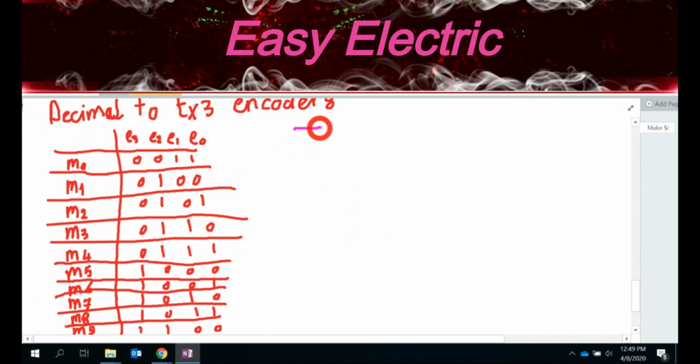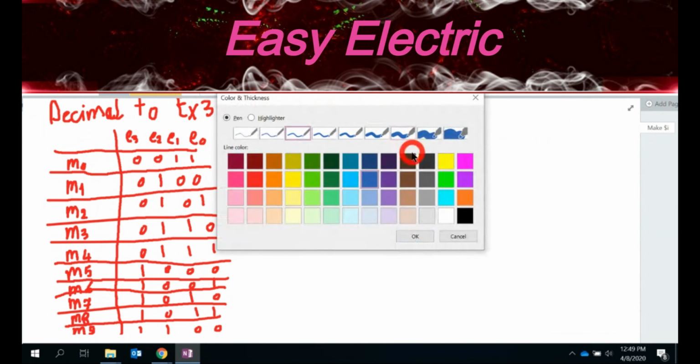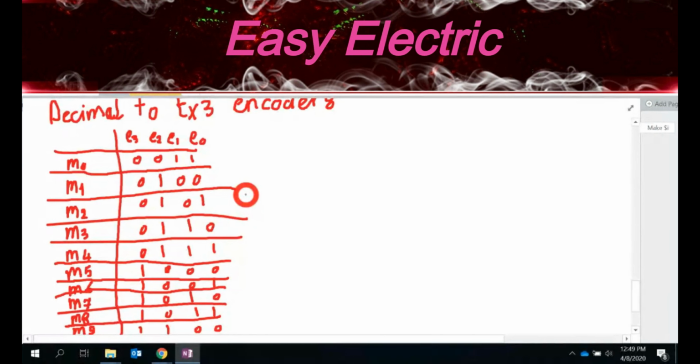So I'm going to draw. Yeah, it's really tough to do this with this pen, but let's try our best. Okay, so I need 10 inputs actually. I put one line for each of them.